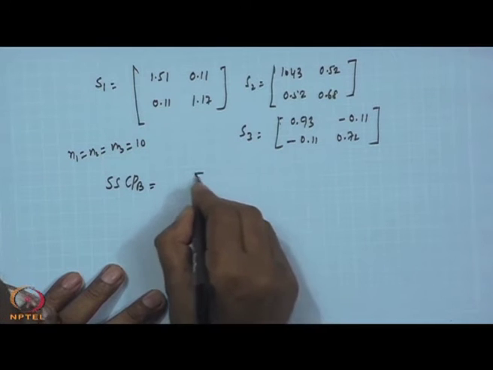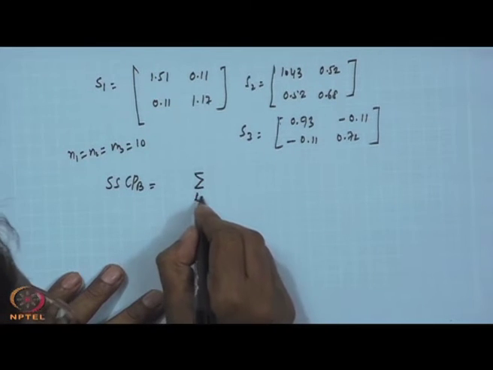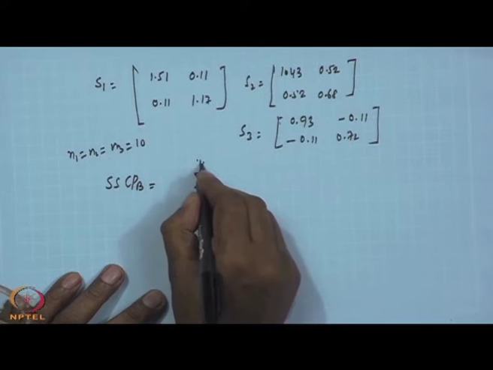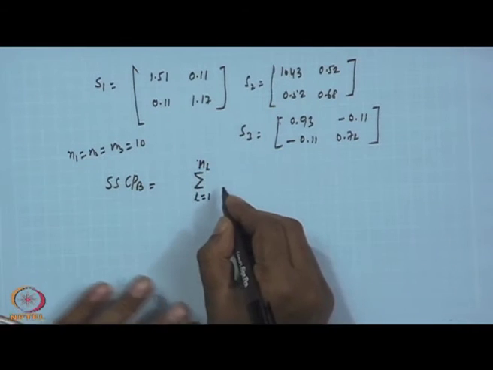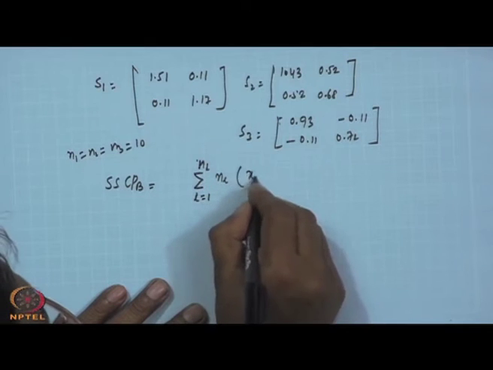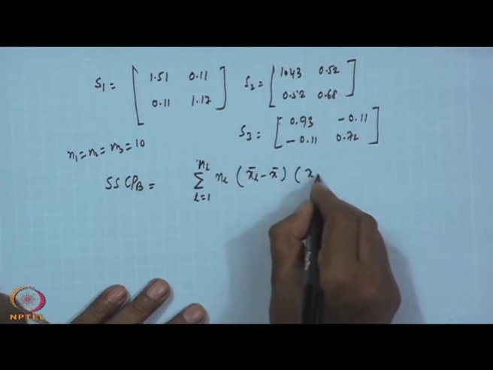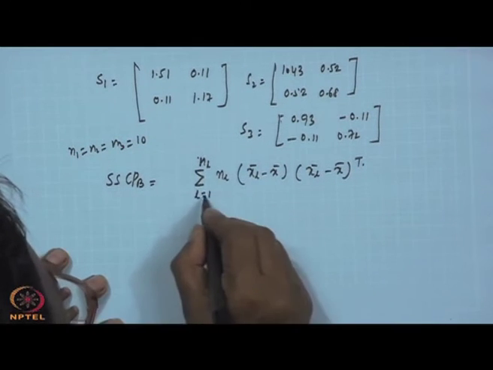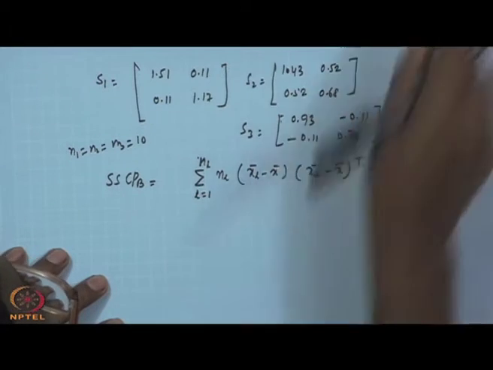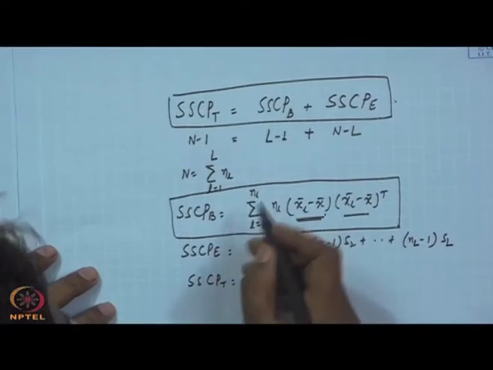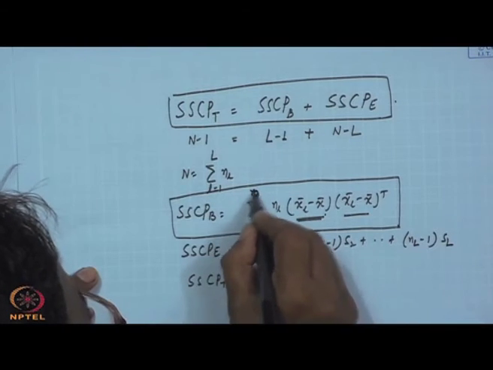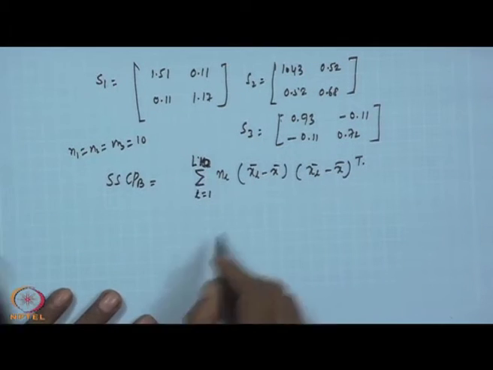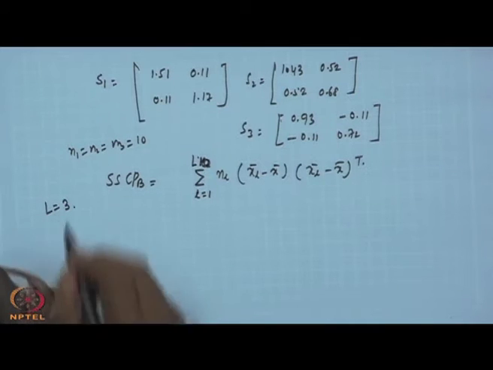I think we made a mistake earlier: it is l equal to 1 to capital L. So our capital L is equal to 3.